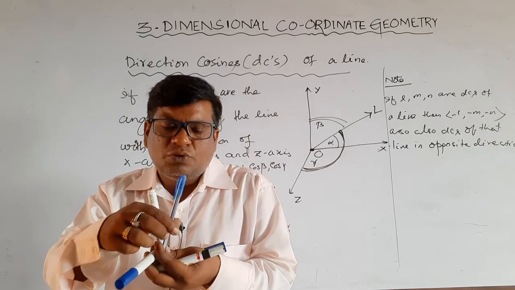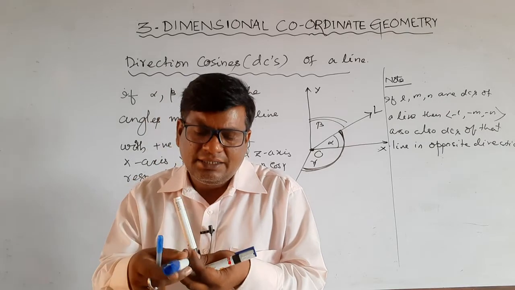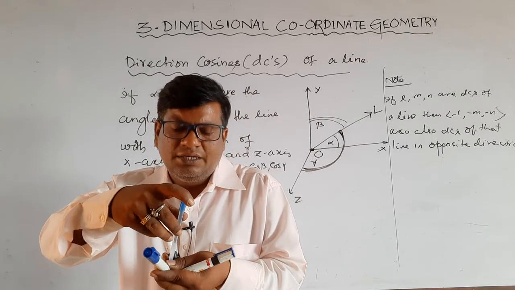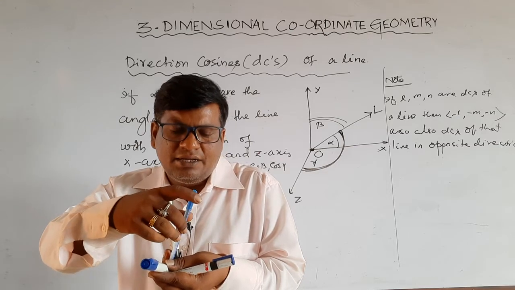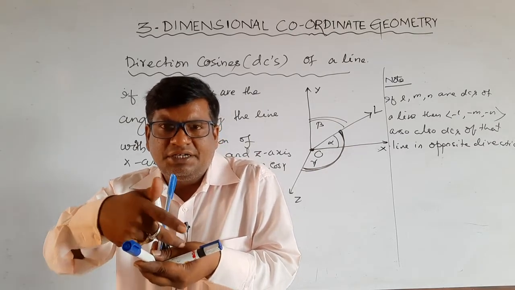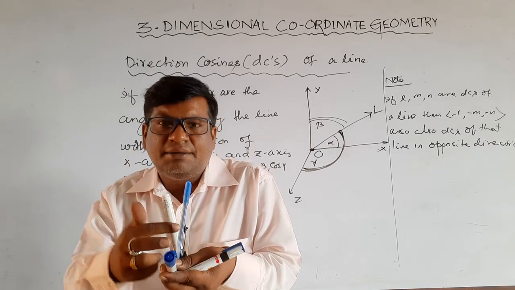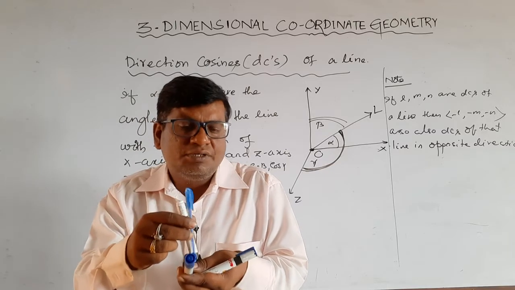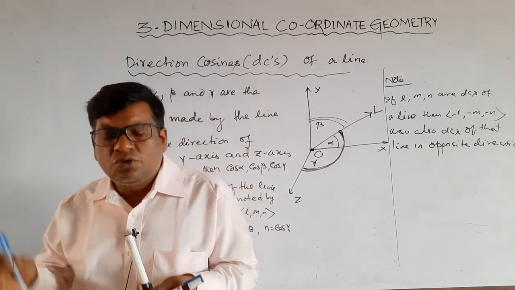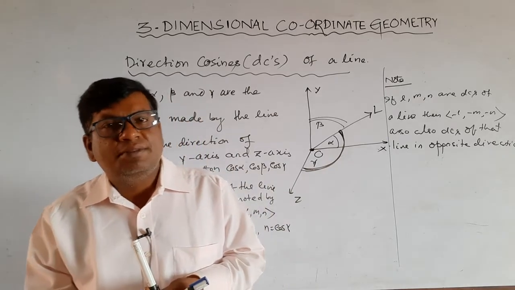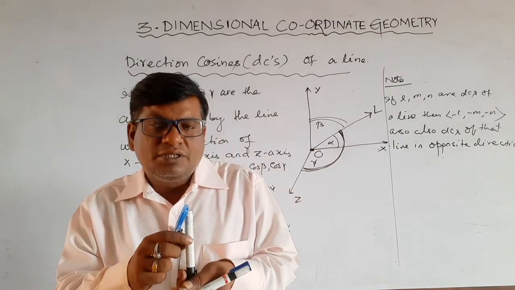Suppose the markers are the coordinate axes and the pen is the line. Then this angle is alpha, this angle is beta, and this angle is gamma. So DCs are cos alpha, cos beta, cos gamma. Now the question is, what is the direction cosine of the x-axis? Suppose this is the x-axis.